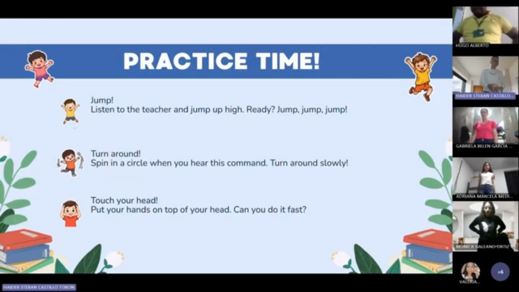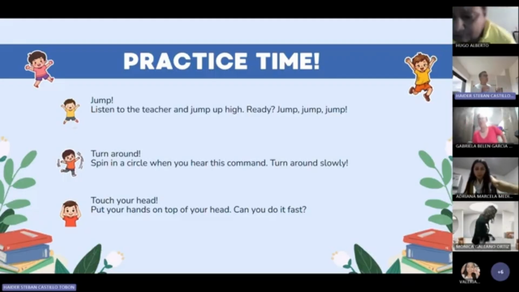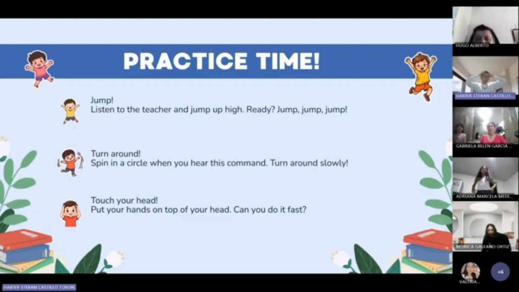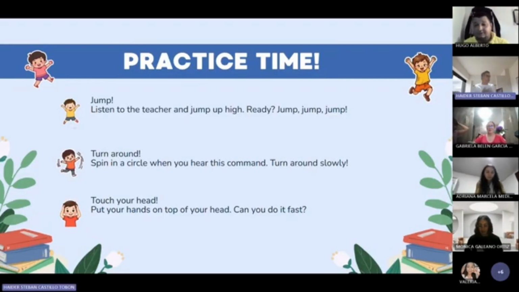And the next practice time is touch your hand, and you can sit down in your chairs and touch your hand. This practice time is not only that you make the actions, and you can practice in other time.